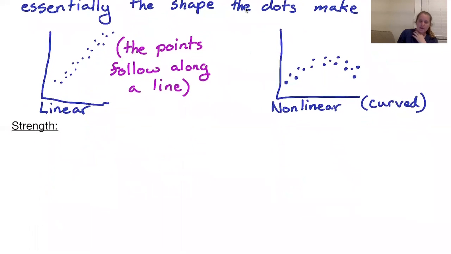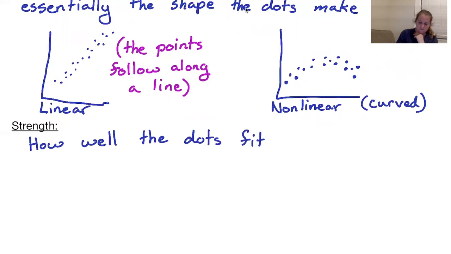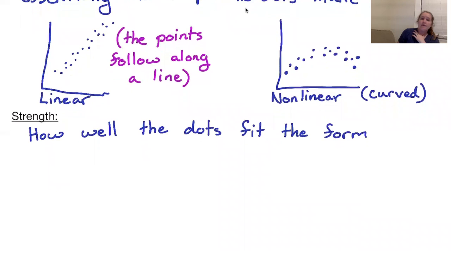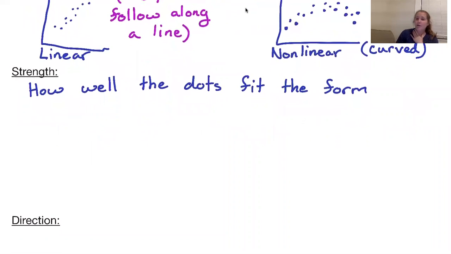Next, we have strength. The strength refers to how well the dots fit the form, how well the dots fit that shape. So I'm just going to do a bunch of linear scatter plots, and we'll go from sort of weak to strong.